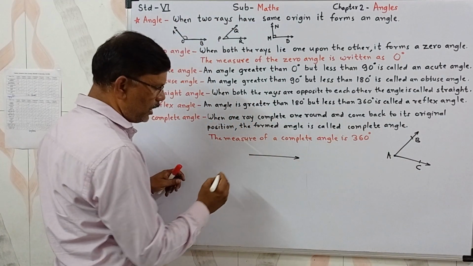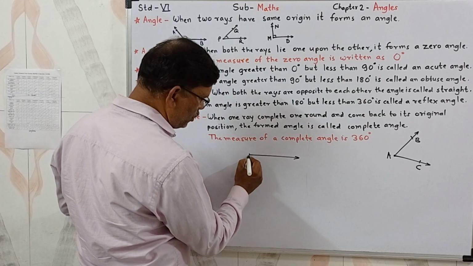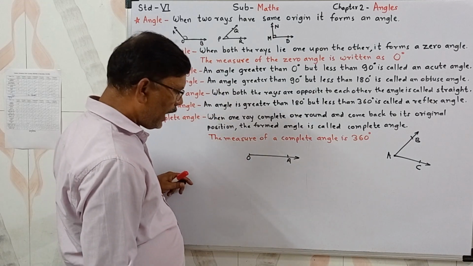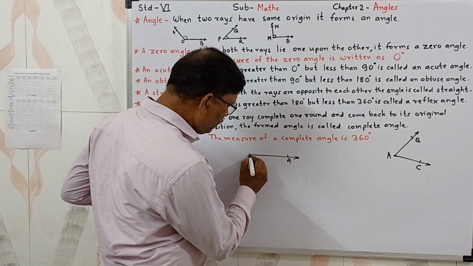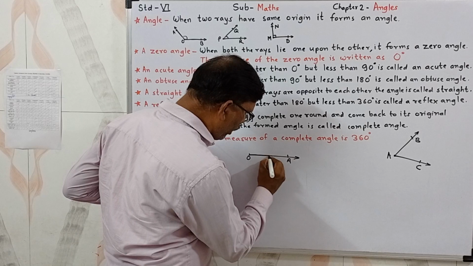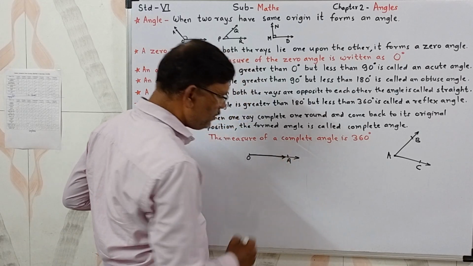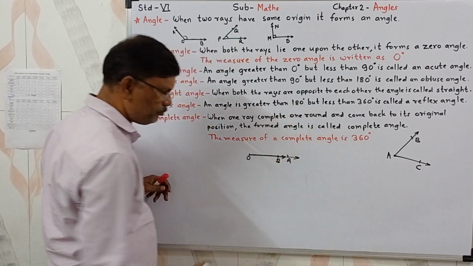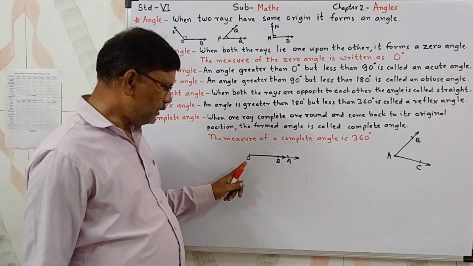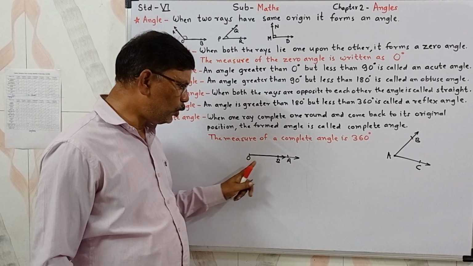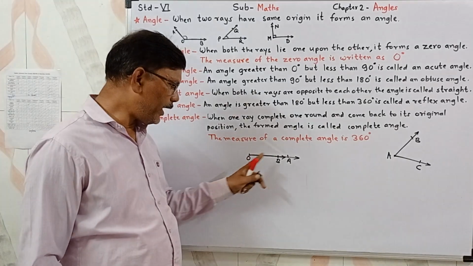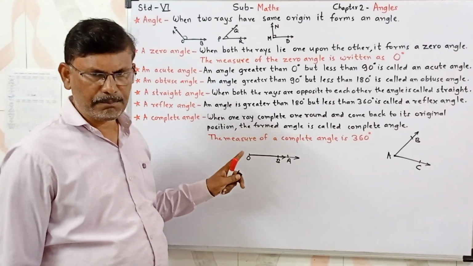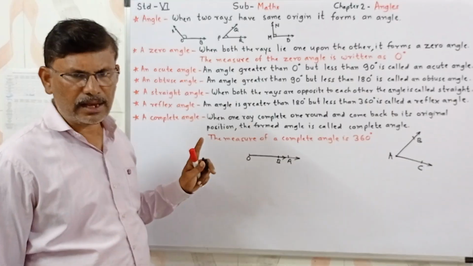This is a ray OA, and the other ray also lies on the same ray, that is OB. Here two rays are there, OA and OB, and their origin O is the same, so it is an angle.